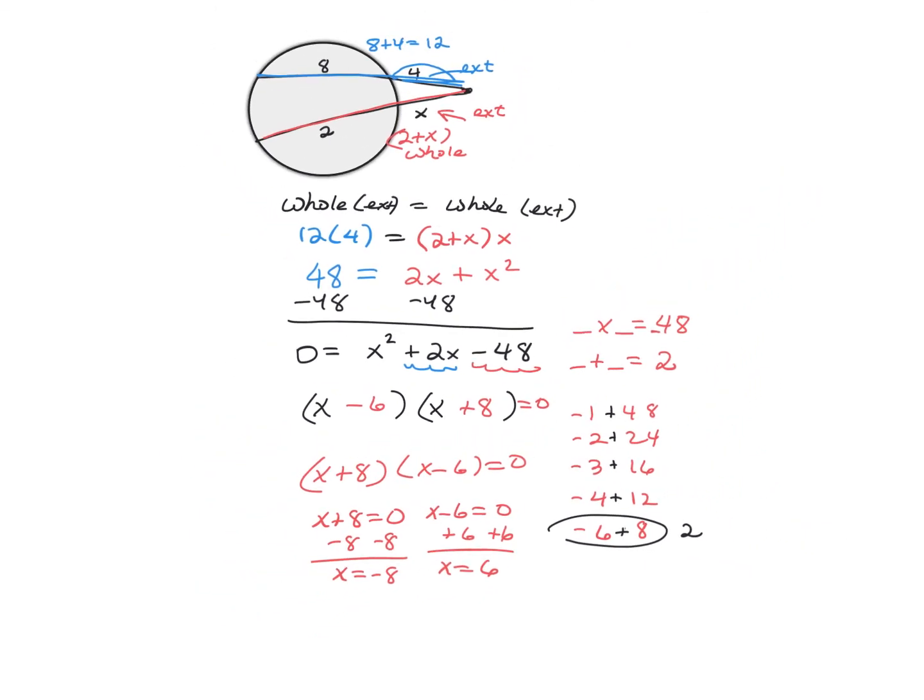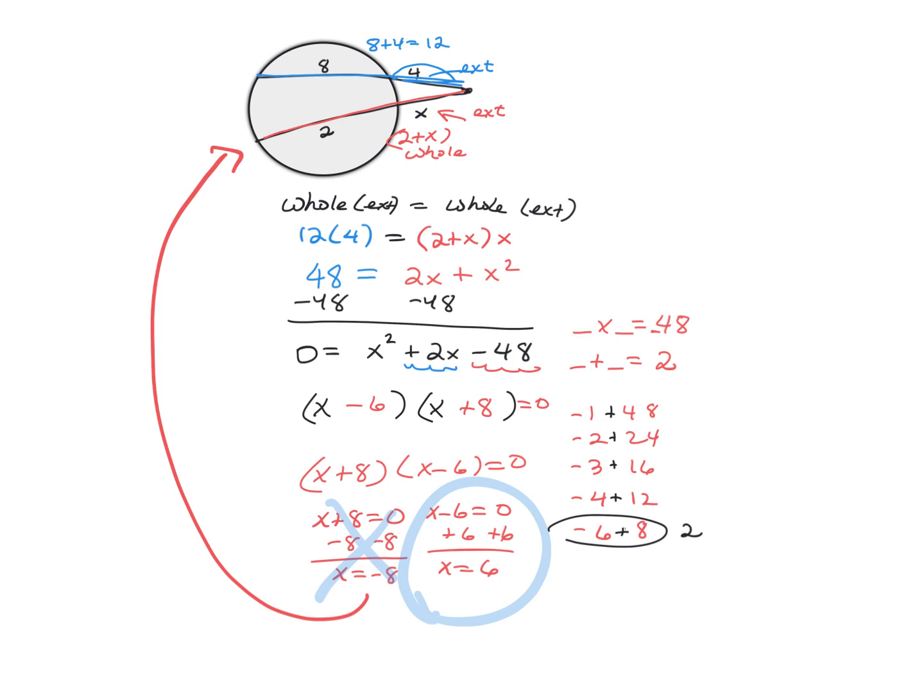The negative 8 will when I plug it in here, because 2 plus negative 8 gives me negative 6. So this answer gets thrown away, and my only answer here is x equals 6. So just a little bit of a review for factoring a simple trinomial where there's no leading coefficient in front of x squared. It's just a 1.